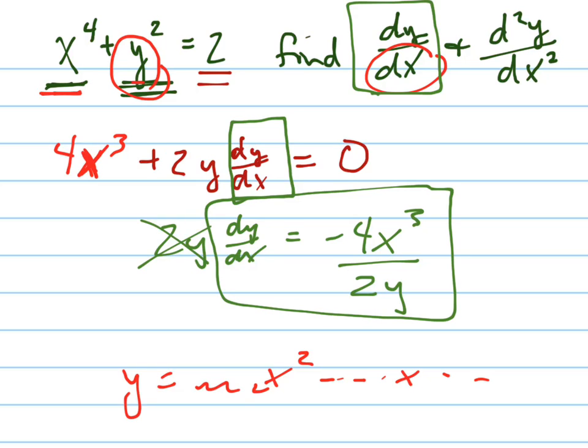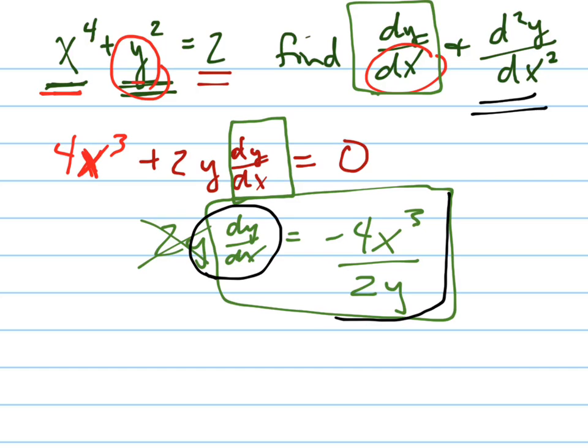Now we're going to find d squared y dx squared, or the double derivative, as I like to call it. Now to find the double derivative, it's a little bit trickier. I'm going to once again take the derivative with respect to x of that function. So again, I have two functions here, and I'm going to have to use the quotient rule.